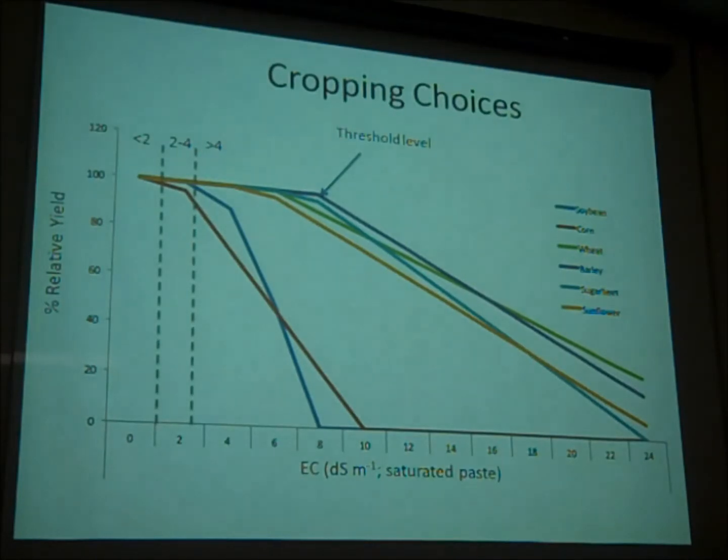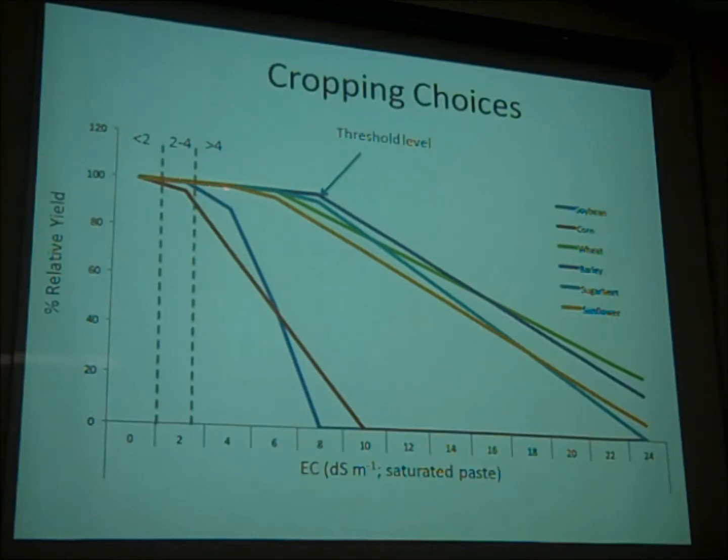This is a different database, but just let's take a look at the crops we're talking about today, and then a couple others. For example, here's soybean and here's corn. Look what happens when we get past 4. Dramatic drop in relative yield as compared to when we have good soils out there. And then look at some of these other crops that have tolerance.